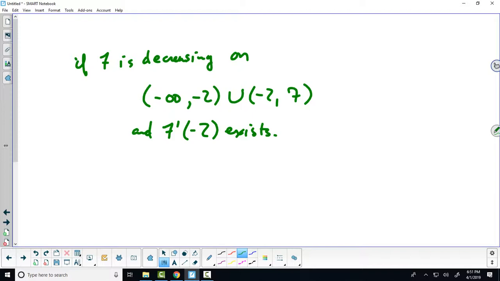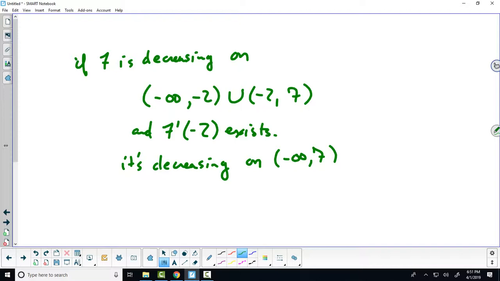Specifically, that's the case where this would happen. If the derivative was 0 at -2 and it was decreasing before -2 and decreasing after, and somebody's asking you where the function is decreasing, you would say it's decreasing on -infinity to 7. Does that make sense?